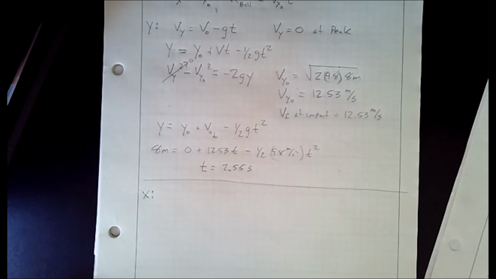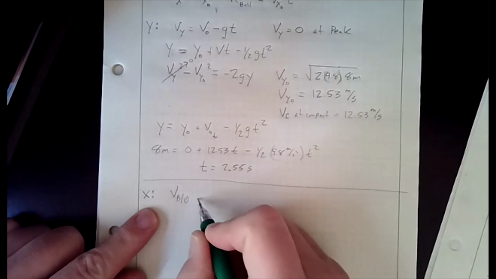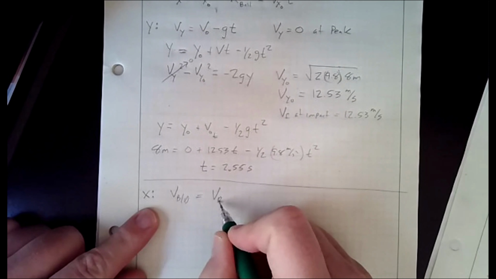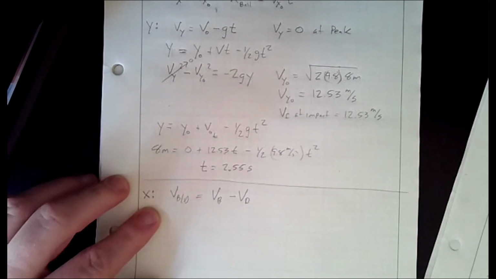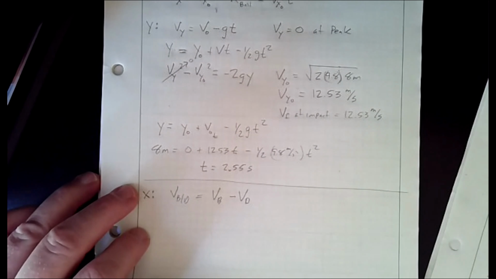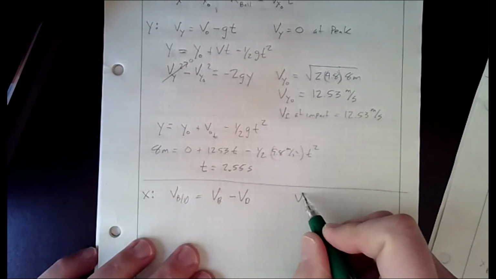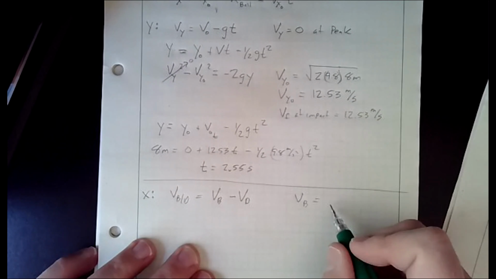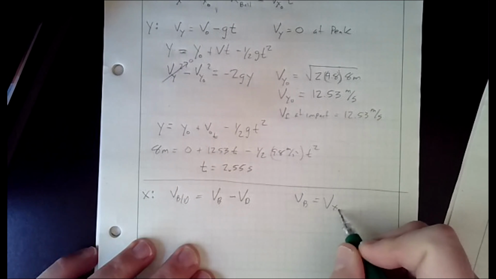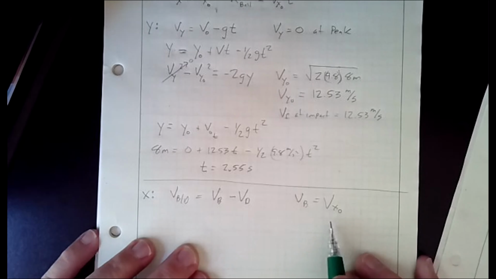So b relative to d in the x direction we know is just equal to the velocity of the ball minus the velocity of the deck. Okay, now we know that the velocity of the ball is just equal to vx naught, the initial velocity in the x direction.